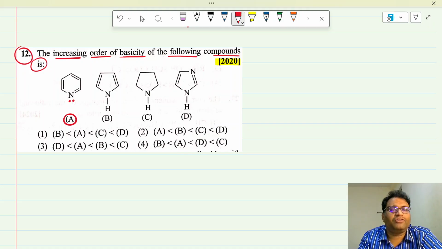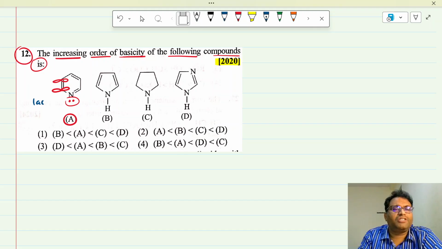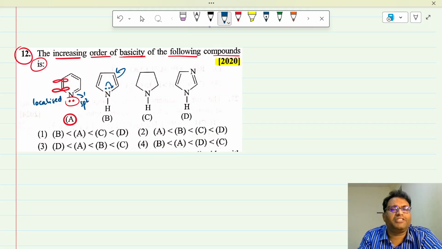The pair of electrons are perpendicular to the orbitals involved in pi bond. So this pair of electrons are localized. What we say? Localized. But the nitrogen is undergoing sp2 hybridization.